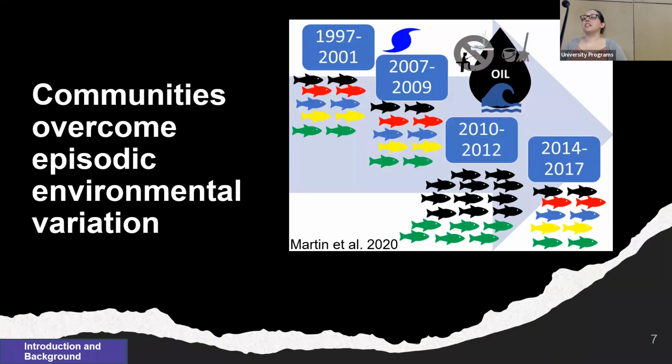And just as a reminder, nekton refers to mobile organisms living in the water column. So this paper found that the nekton community changed after the oil spill between the years 2010 and 2012, and it recovered in later years. It's important to note here, though, that immediately after the oil spill, all commercial fisheries were shut down, and this likely aided in the quick recovery of the nekton community in this situation.